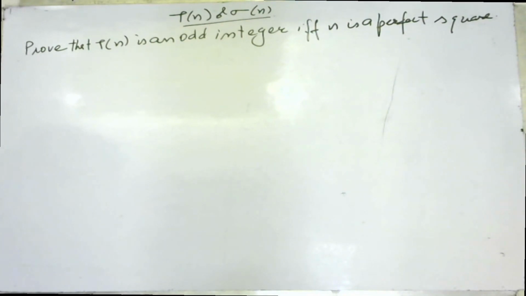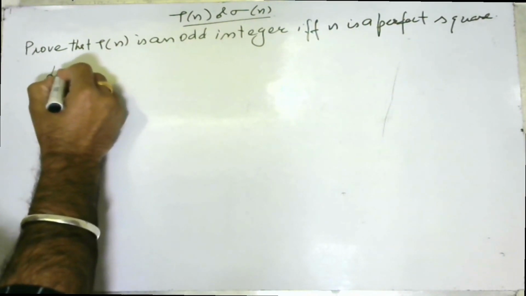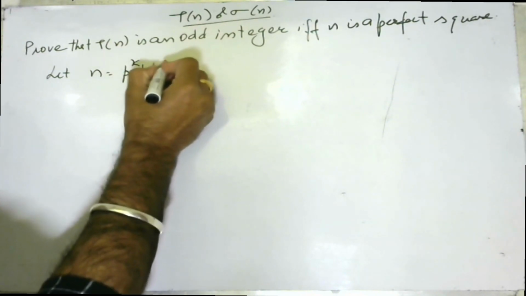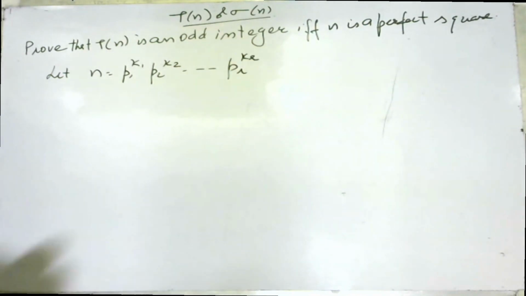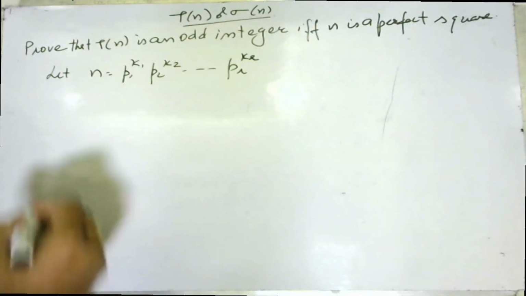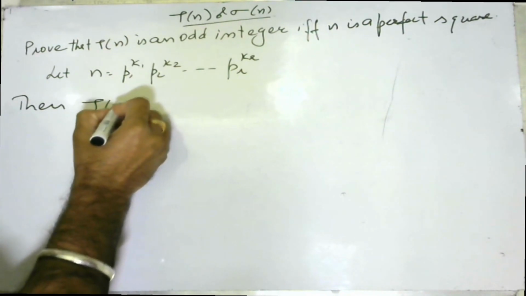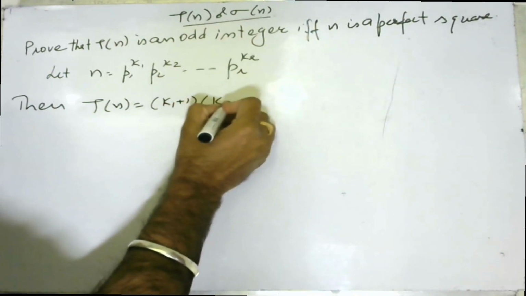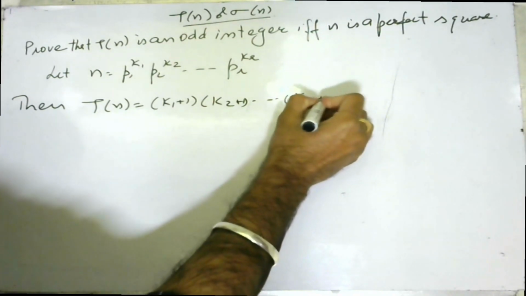square. To prove this, we start with the prime factorization of n. Let it be p1 power k1, p2 power k2, pr power kr. Then by definition, tau of n is equal to (k1 plus 1)(k2 plus 1)...(kr plus 1).